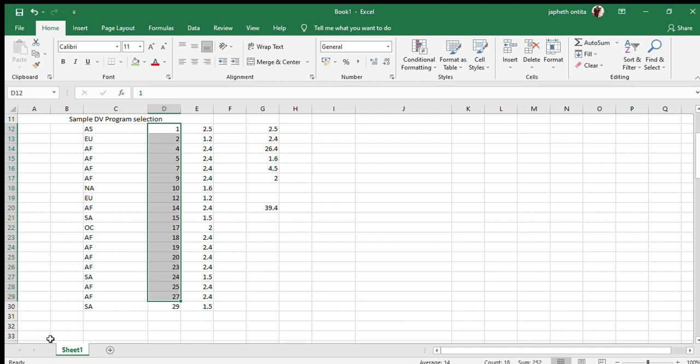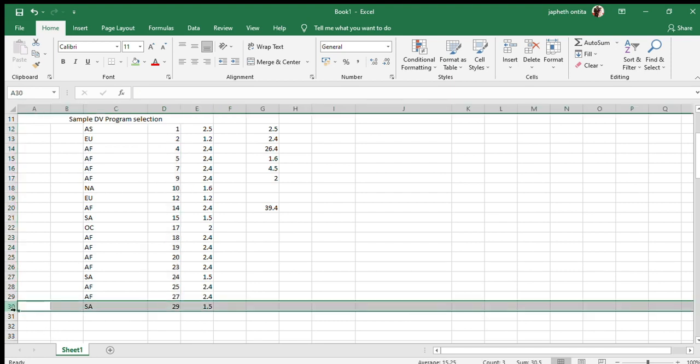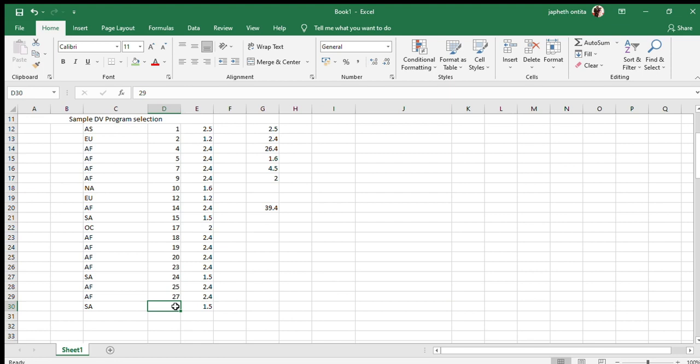If we take an example of this individual here with case number 29 in our sample DV lottery selection process, this individual with case number 29 does not have 28 people ahead of him or her. As we can see, he or she only has 18 people ahead.